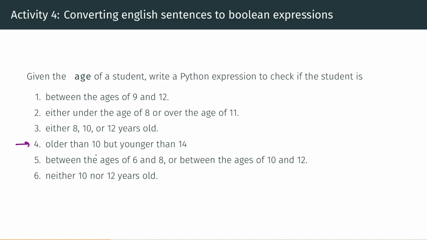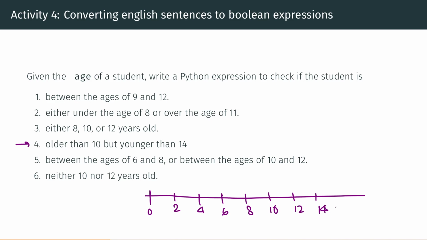Older than 10 but younger than 14. Again, let's draw a number line, and remember this is "but." So number line: 0, 2, 4, 6, 8, 10, 12, 14, 16.